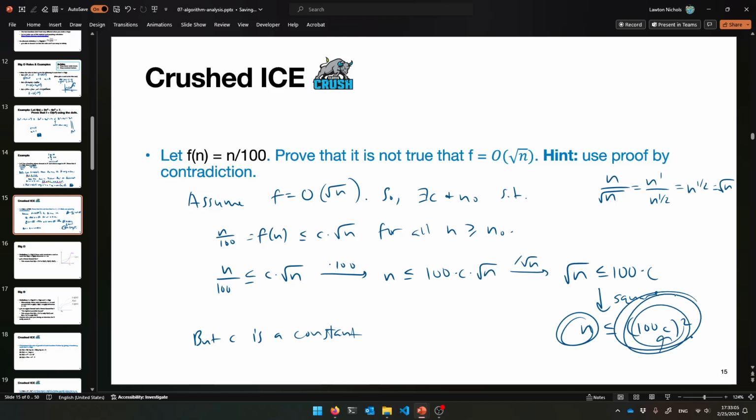You can take whatever this is and make n equal that plus 1. This variable can never always be below a constant. That makes no sense. That's a contradiction. This better be true for every n, always less than or equal to 100 times c, all squared. No, just get one bigger than that. From then onwards, it's never going to be true. You can't bound a variable by a constant. That's not possible. So contradiction.